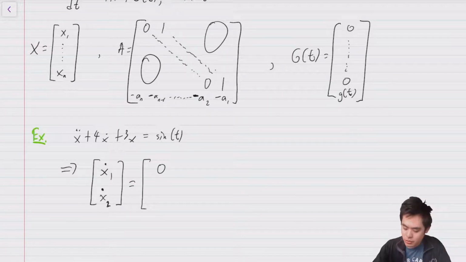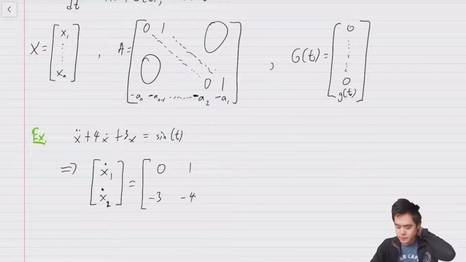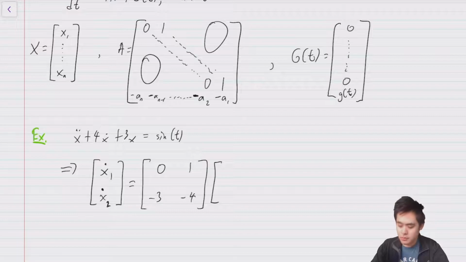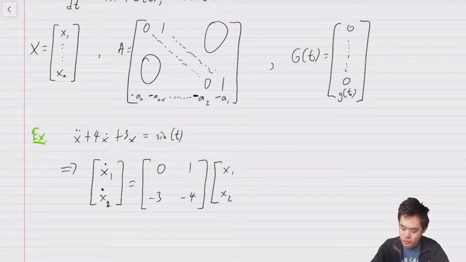It's going to be [0, 1; -3, -4], and we have x1, x2, since that's our x vector, plus our g of t, which is going to be 0 and sine of t.